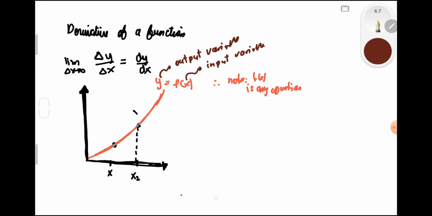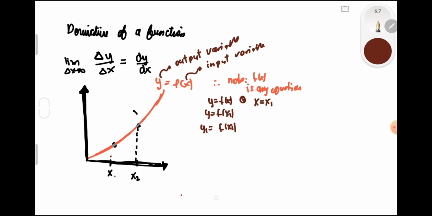Therefore, whatever input you have, there is a corresponding value of y. From the graph, if I have a value of y equal to f of x at x equal to x sub 1, then y is equal to f of x sub 1, therefore I will have a value of y sub 1 which is equal to f of x sub 1.